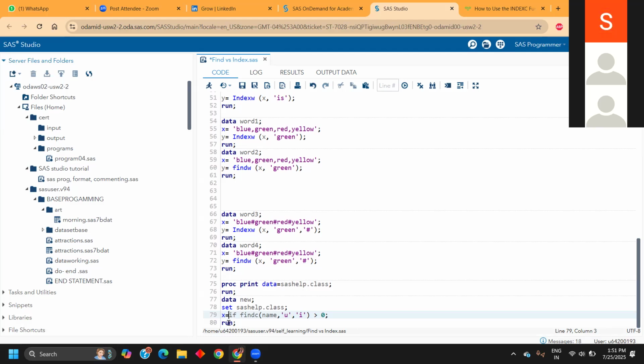We already created the X column in this program. For that, I think this doesn't work. I have to again give x equal to find c name, you, everything. Just try this way, ma'am. You'll get the answer.